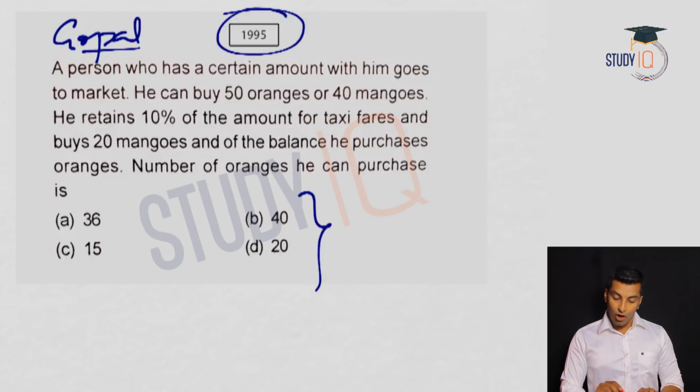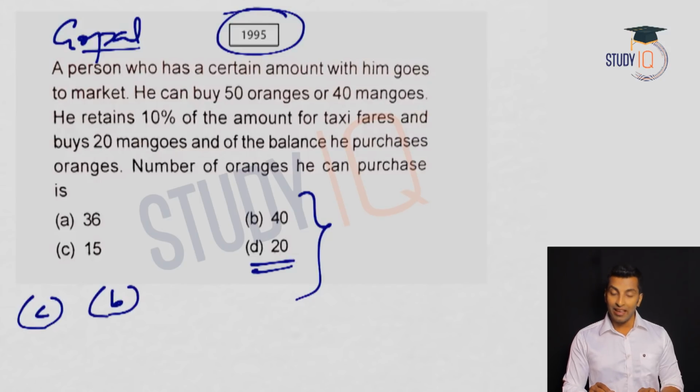The only thing is the options changed. In the first question, 20 was coming as C. In the second question, 20 was coming as B, and here 20 was coming as D. That's the only change. Apart from that, is there any change here?